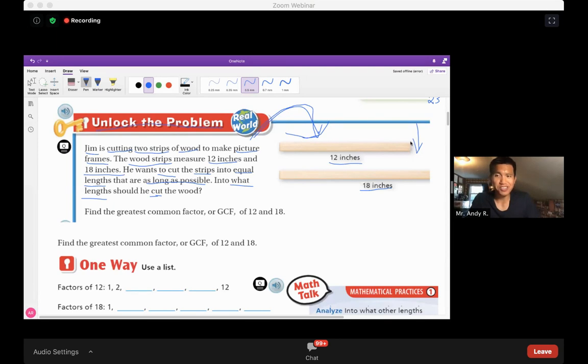Because you can see this is only 12, but this is 18. So how do we know what lengths we should cut the wood into so we have equal pieces and not have any left over?